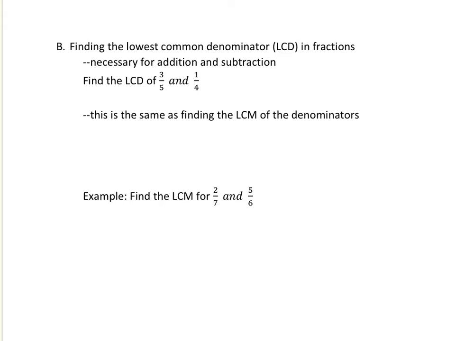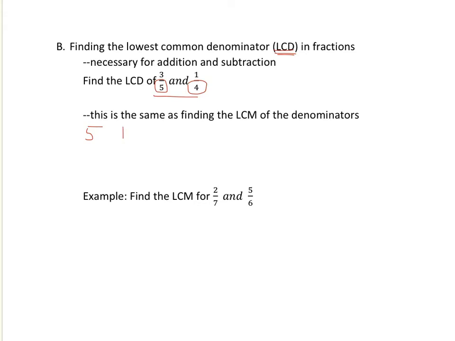Finding the lowest common denominator, which we call the LCD in fractions, is really important for addition and subtraction. So when we look at these two fractions, in this example 3/5 and 1/4, and we want to find the lowest common denominator, it's actually the same thing as finding the least common multiple of those two denominators. So let's take a look at 5 and 4.